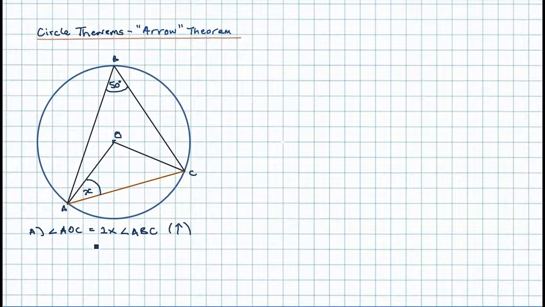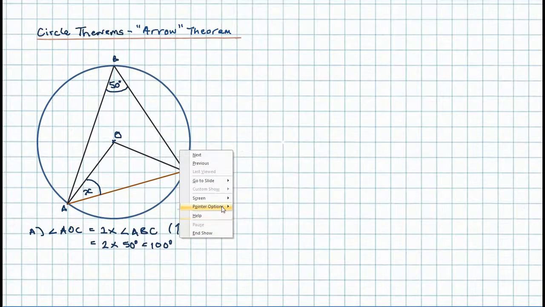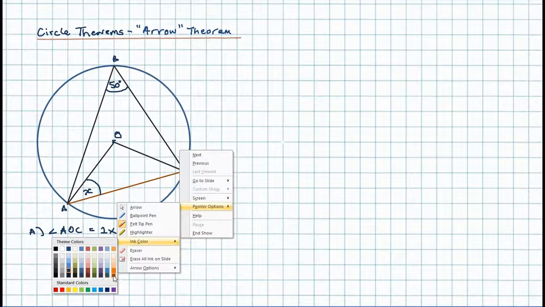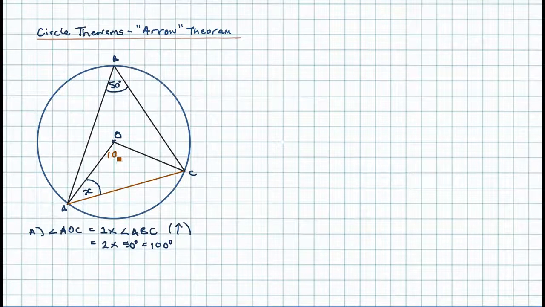So angle AOC, the angle at the center, is 2 times 50, which is 100 degrees. Let's just write that in with a different colour so we can see that this is our working, not what we were given.